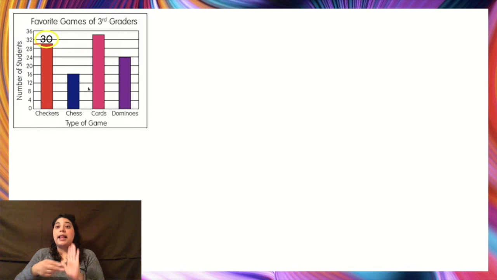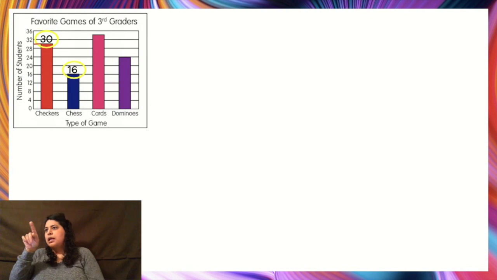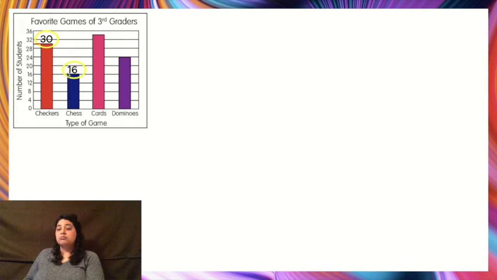Now over to chess. This is easy because it is all the way across and it lands exactly at 16. Let's look at cards. Go all the way up. Okay, we have the same situation where we are between two numbers. So we're going to draw a straight line. Okay, and that helps me out a lot.